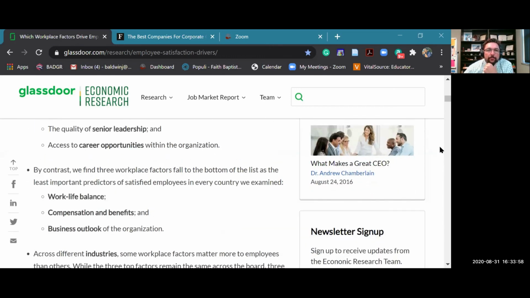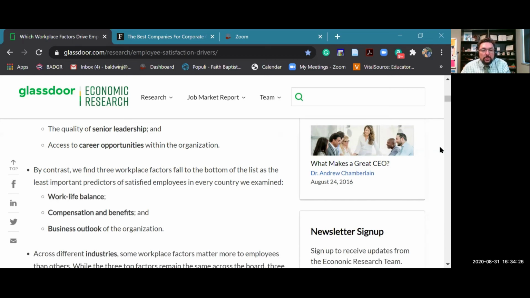By contrast, there were 3 workplace factors that fall to the bottom of the list as least important predictors of satisfied employees in every country. Work-life balance, although that is a big thing people talk about today with this generation. Not that it's not important, but when measured against other factors, it did not prove to be as important to people when given a survey of multiple things.